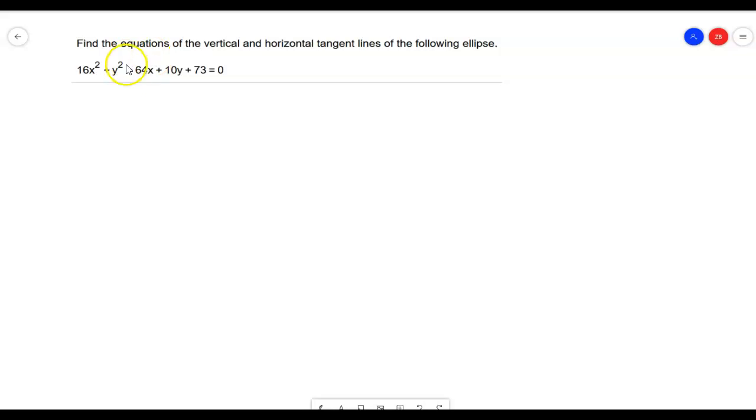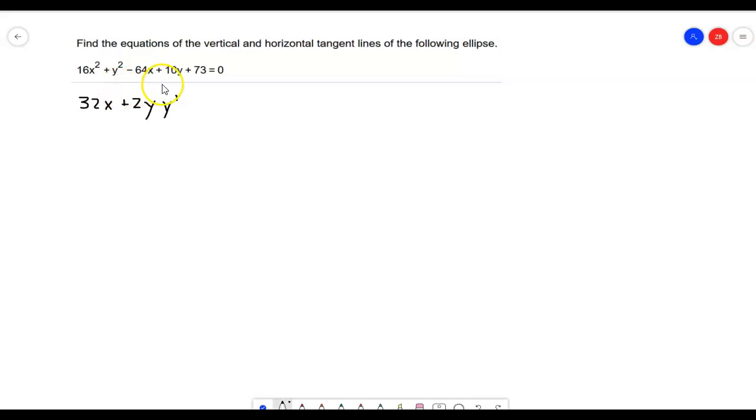So let's first use implicit differentiation in order to find the derivative with respect to y. So we're going to go through and do that. Remember, whenever we take the derivative of the y, we're going to multiply by y prime. So the derivative of 16x squared is going to be 32x, using the power rule, plus the derivative of y squared is going to be 2y, but we took the derivative of y, so I have to multiply it by a y prime.